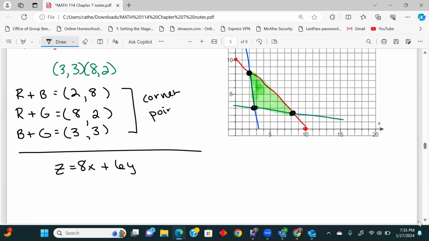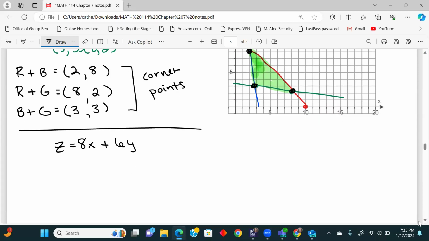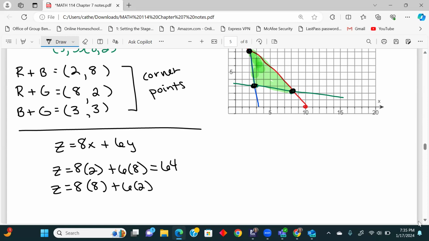And we're going to plug each one of these into Z. I've already worked this stuff out. I'm not doing this in my head.